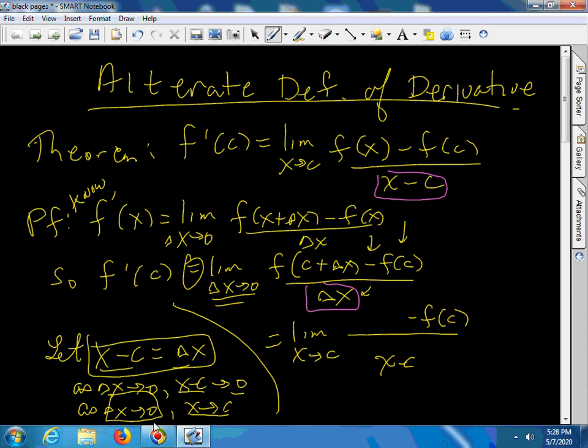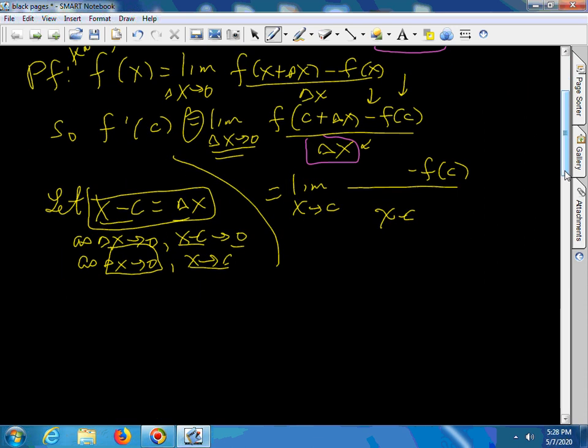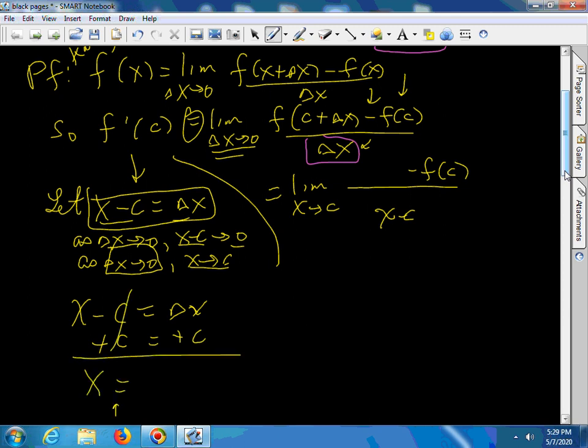Okay. So now, what is c plus delta x? Well, let's just solve this for c plus delta x. So x minus c is delta x. If I add c to both sides, I get x can be replaced with delta x plus c, or c plus delta x.